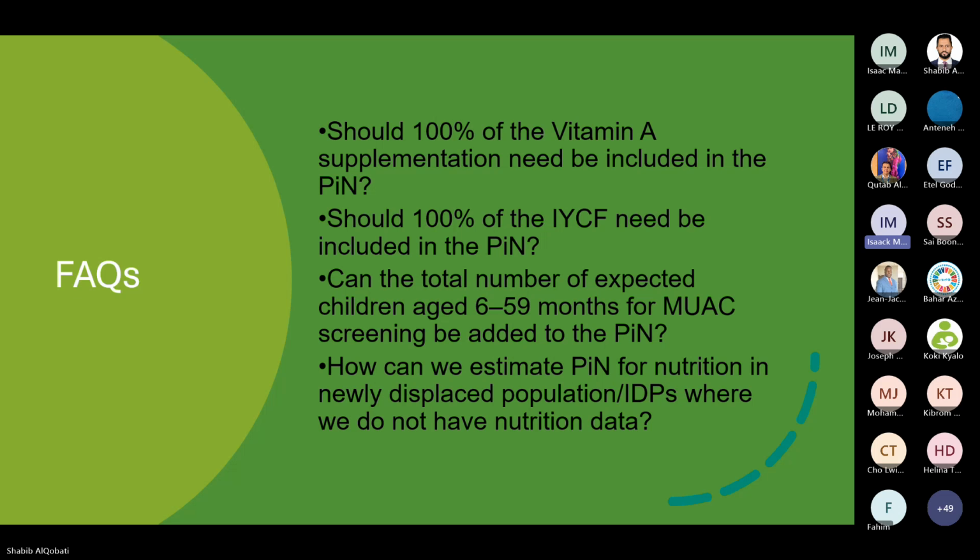Now, there are some issues which I think it is good for you to give some kind of guidance on. Some of the reflection we're getting from the stakeholders or partners is: what happens if last year, for example, we had money for 2025 and we covered maybe 50% of the vitamin A supplementation, and now we don't have any money for next year and we are planning for 2026, what should we do?